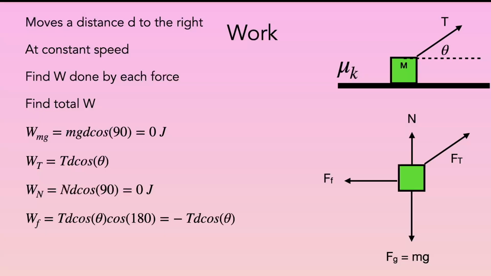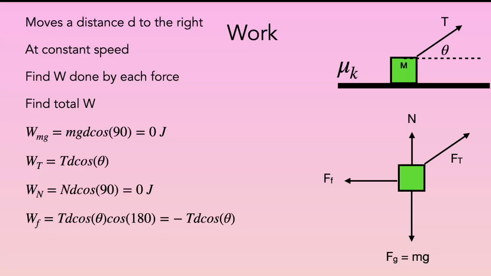Now, I want you to notice another thing. Let's go back up to the work done by the tension. Another thing we could have done is break that into two components. We could have had T cosine theta to the right, T sine theta up. Okay, and this is going to be a little trickier. The force up, just like the normal force, is perpendicular to the motion. There's no work.